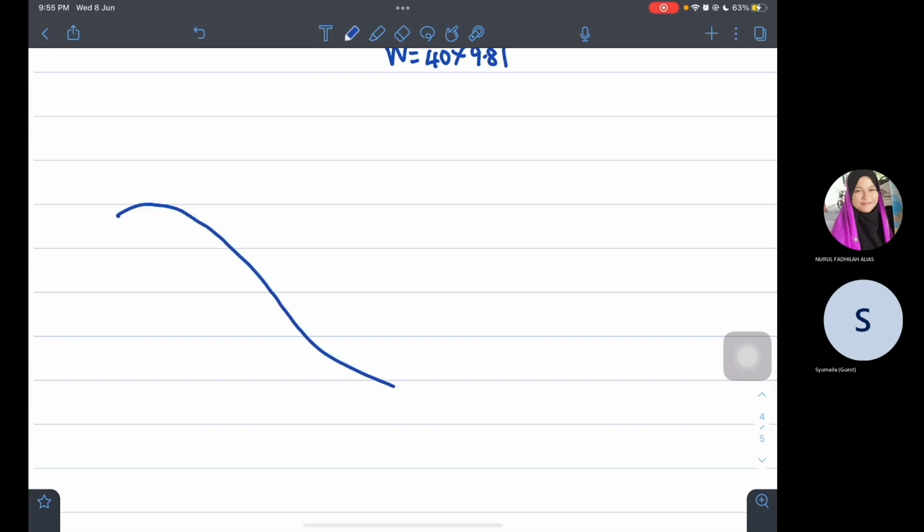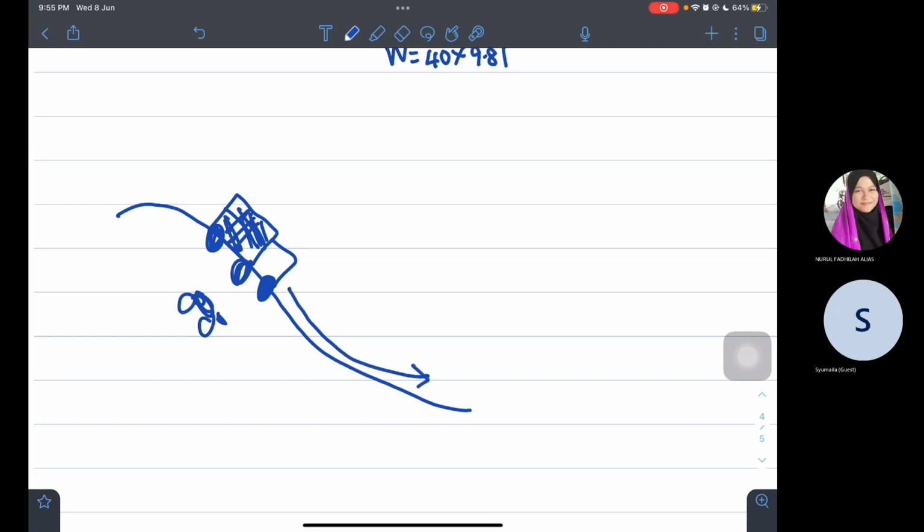Okay, second example. Ni jadi kita nak ada hill. Contohnya kita ada lori. Okay, and then at the same time kita ada motorcycle. Ni heavy load. Siapa yang akan laju turun ke bawah? Kan?